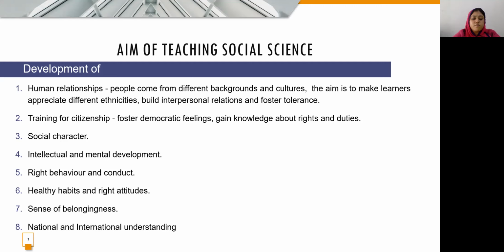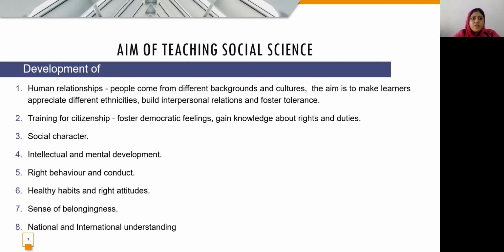Similarly, a major aim of teaching social sciences is to train citizens to foster democratic thinking, gain knowledge, and have proper understanding of rights and duties. Also, a major aim is to develop social character, intellectual and mental development.